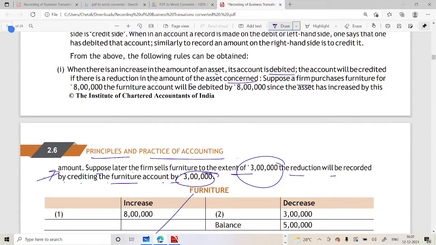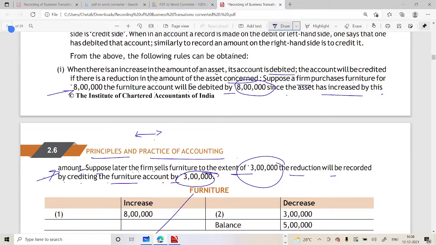Suppose a firm purchased furniture for 8 lakhs, the furniture account will be debited by 8 lakhs since the asset has increased by this amount. Your assets increased, but proportionately the cash will be reduced or decreased, right?